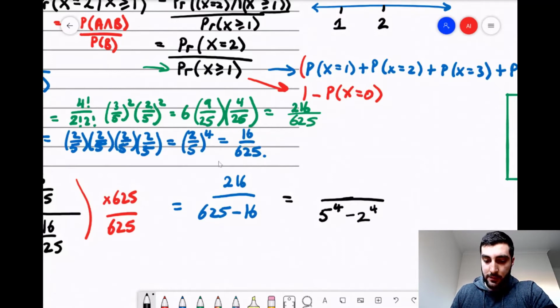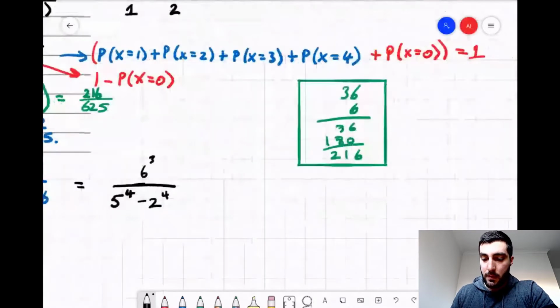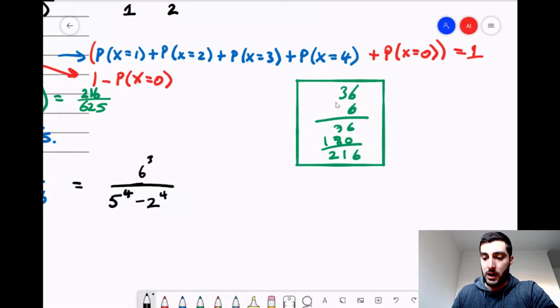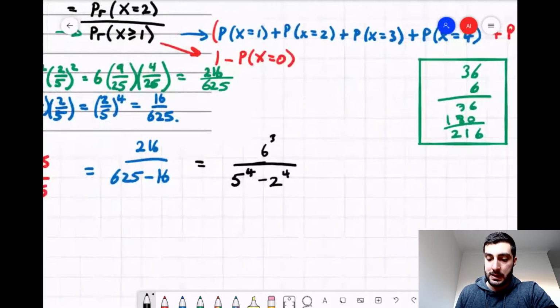And lastly, if we were to take the cube root of 216, that would be 6 cubed. Maybe not an obvious one, but our workings before should hopefully provide a bit of a clue. We have 36 times 6, where 36 is 6 squared, times another 6 is 6 cubed. And we could see that would have given us that 216.